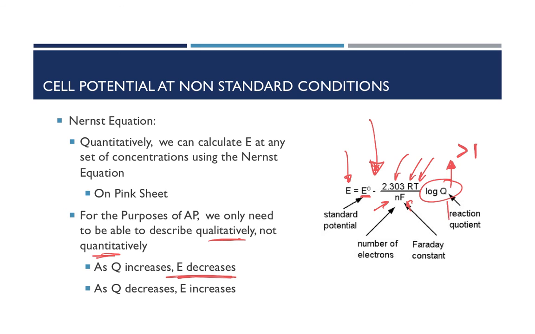If my log Q goes down, it'll eventually get to a point where it's less than 1. And as a result, as Q decreases, the E is going to increase, because the log of Q will become a negative number, which will take this whole term and boost it and make it positive.